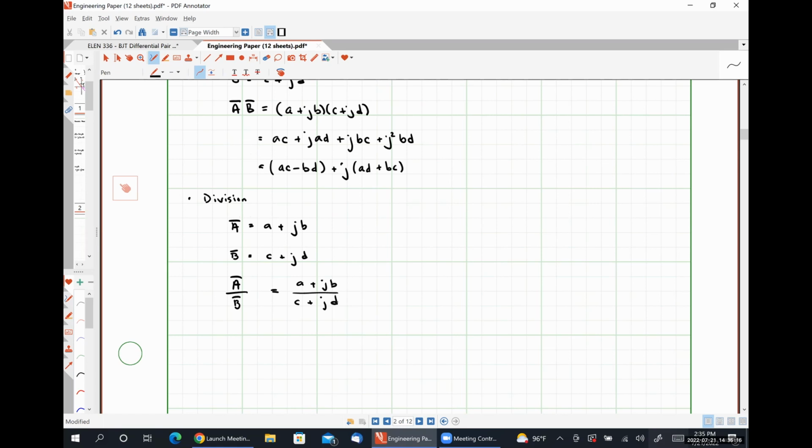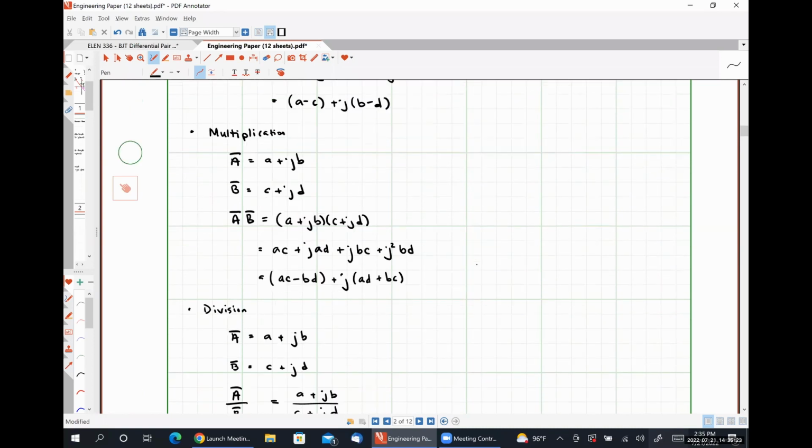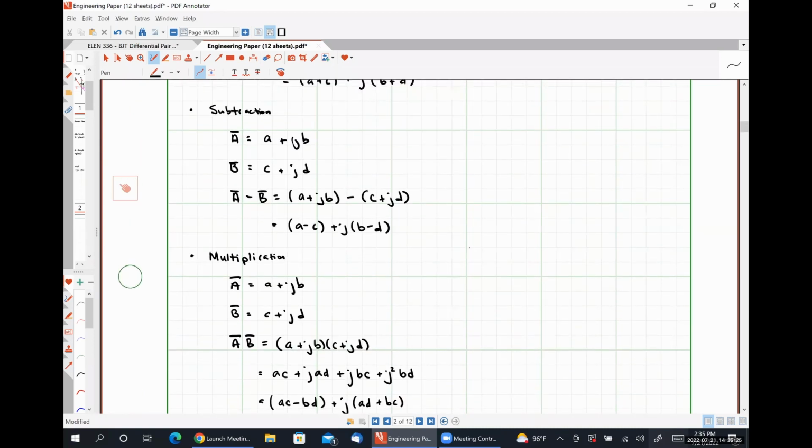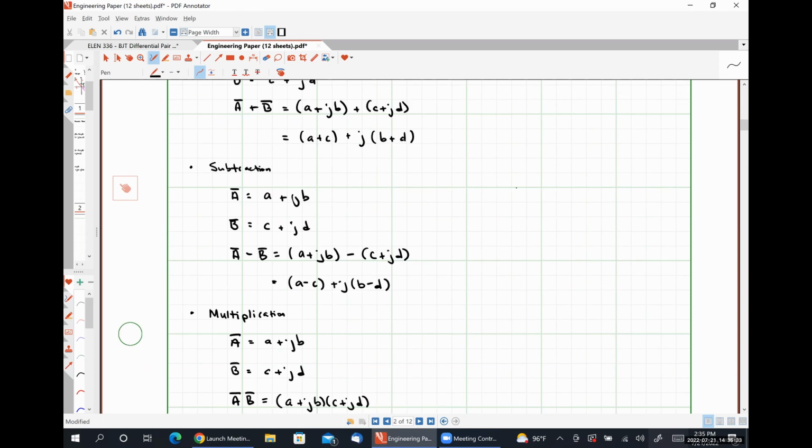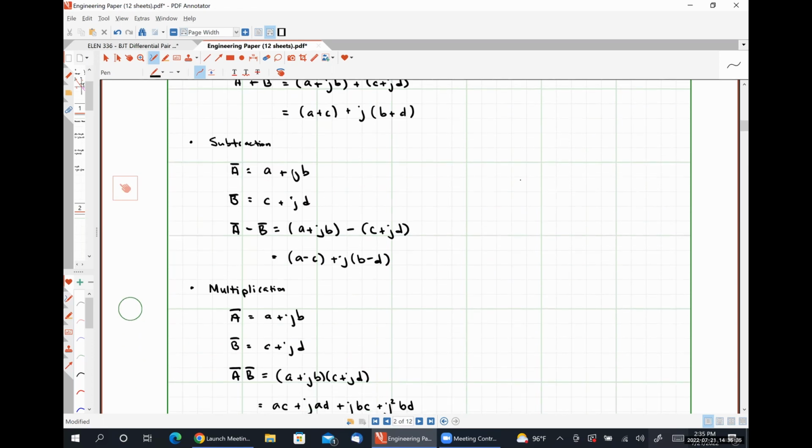Let me explain what's happening here. When we added two rectangular form complex numbers together, the result of that operation was a rectangular form complex number. When we subtracted two rectangular form complex numbers, we got back a rectangular form complex number.